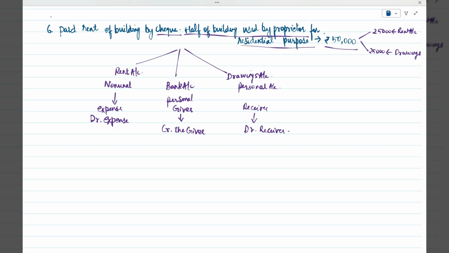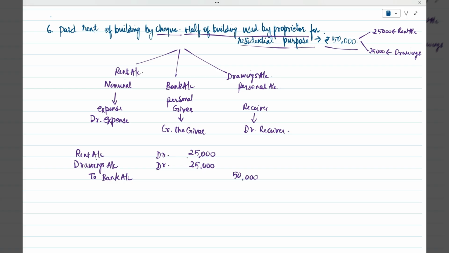How beautifully this multiple account involving journal entry has been solved, right? So we need to debit what? First we need to debit rent account, debtor, of rupees 25,000. Then we need to debit again drawings account, debtor, which was another 25,000, to bank account, total of 50,000.